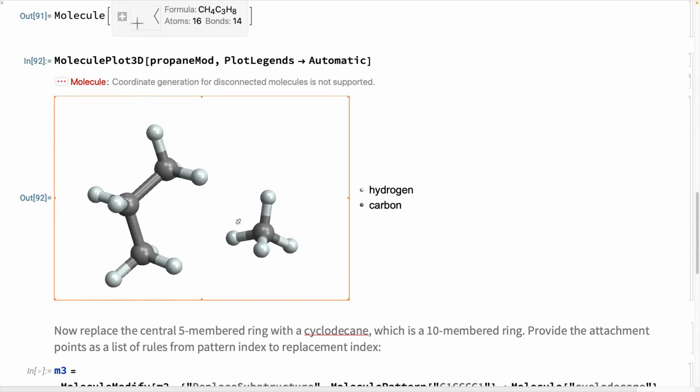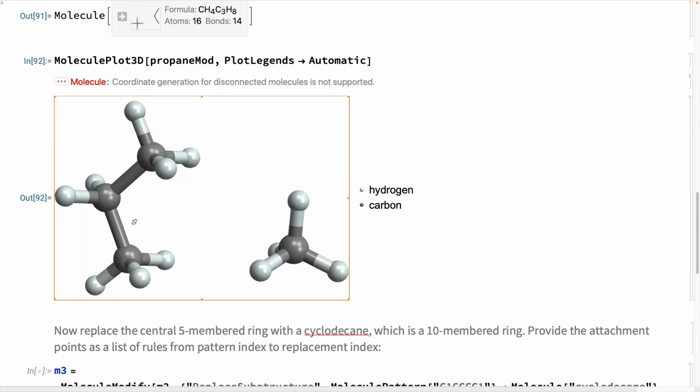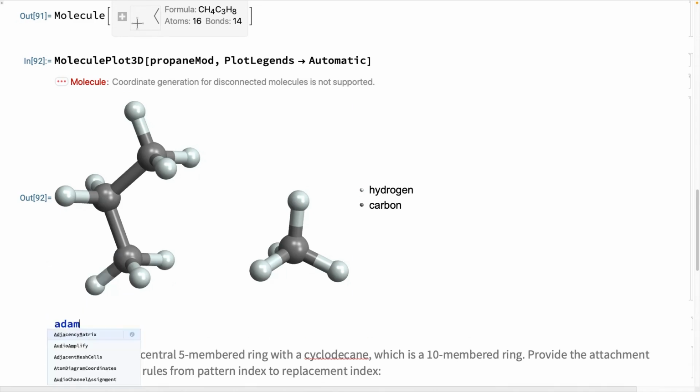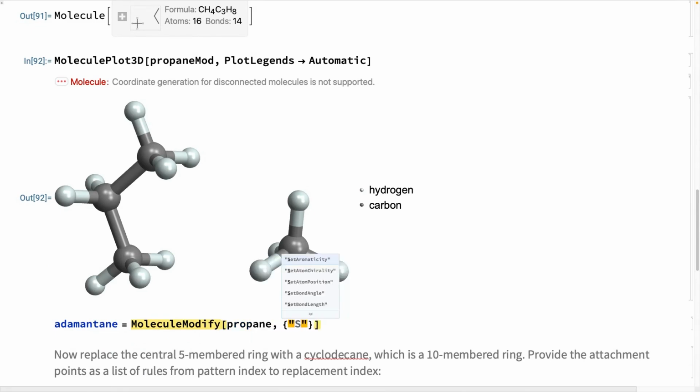So we've got this. Eric says that adamantane, not the Wolverine one, would be hydrogen going to carbon. So we should be able to do something like, in that case, we could start with our propane, and we could do a substructure replacement, or replace substructure, right?